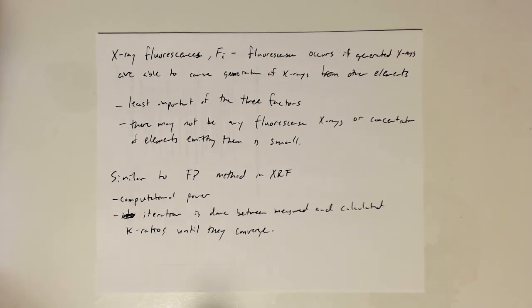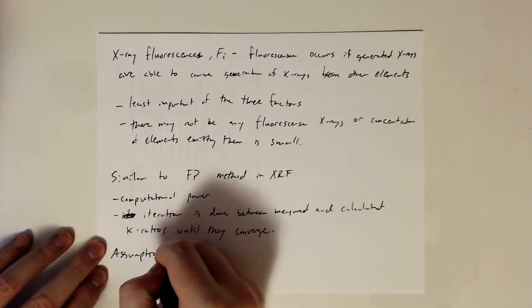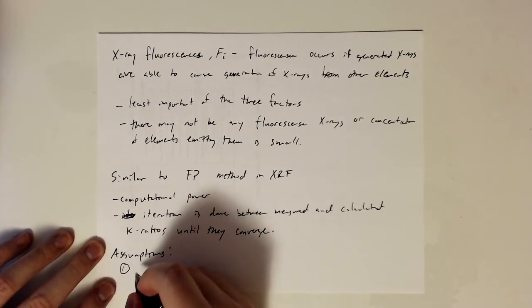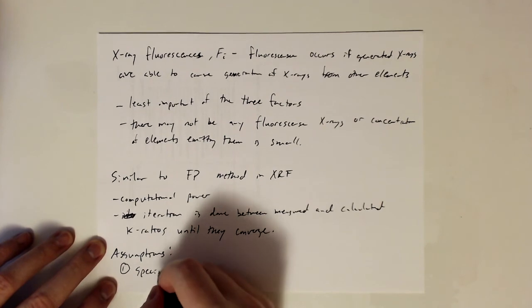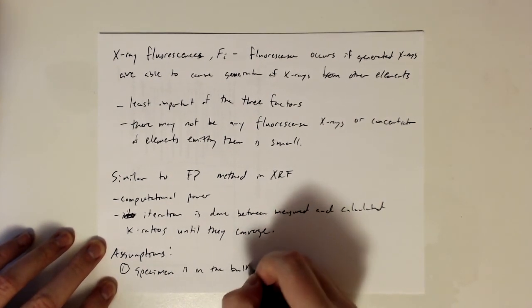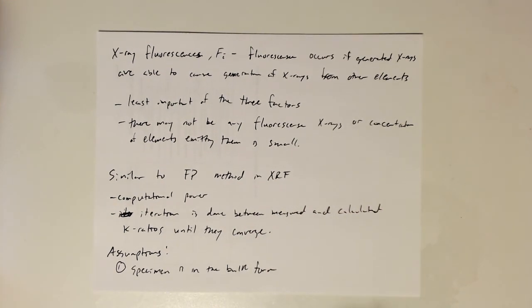All right. So just like some of the other methods that we talked about, there are assumptions here. So I want to just go through them really quickly. For the ZAF method, the assumption we make is that the specimen is in bulk form. So when we say bulk form, we mean that it's a large piece, like a piece of metal or a cluster of powder, and there's no difference between the surface and the interior.